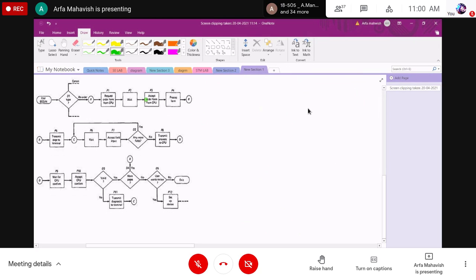This is an example of a control flow graph, guys. So first, you have to keep in mind the demo terminal.